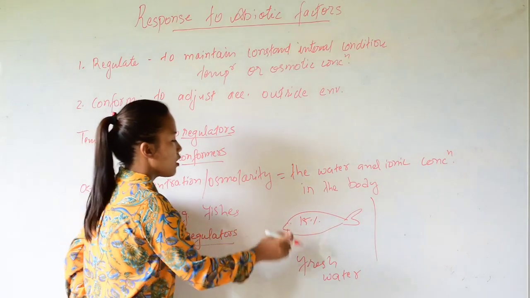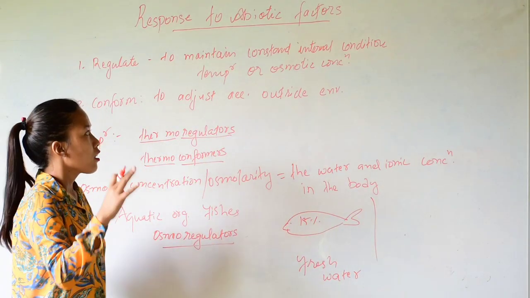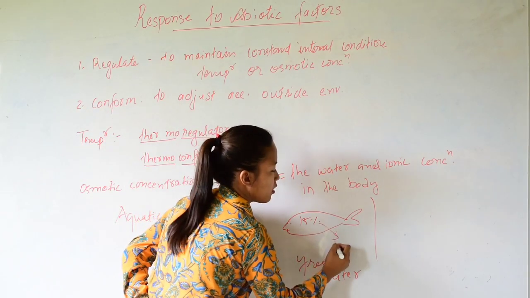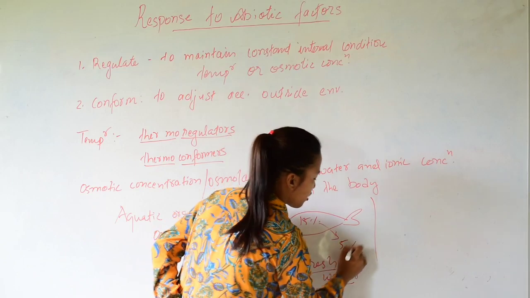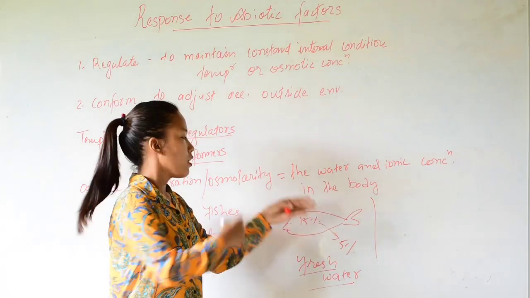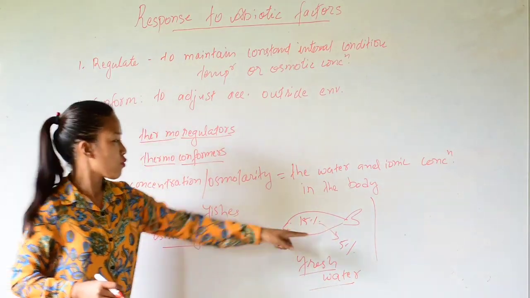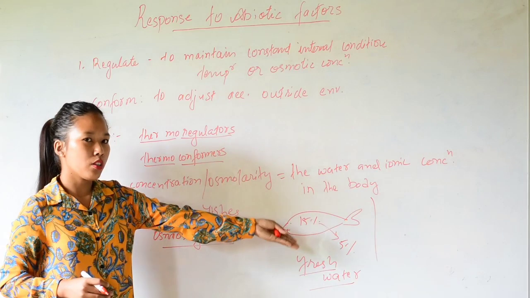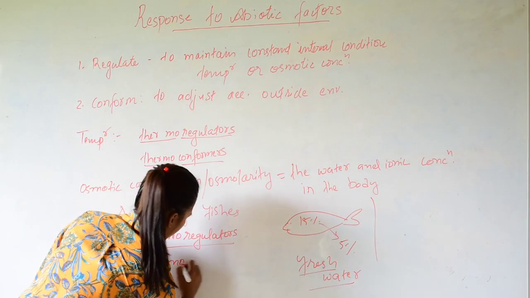So what will this fish do? They will just adjust. They will change their internal condition with the surroundings. We know that the freshwater ionic concentration is less than 5%. So this fish will change its internal condition according to the outside one. So this fish will be called an osmoconformer. Osmoconformers.